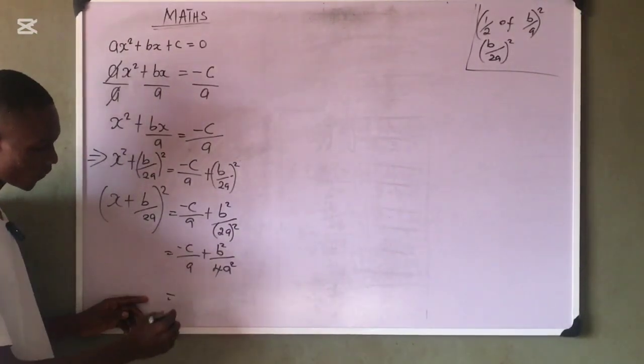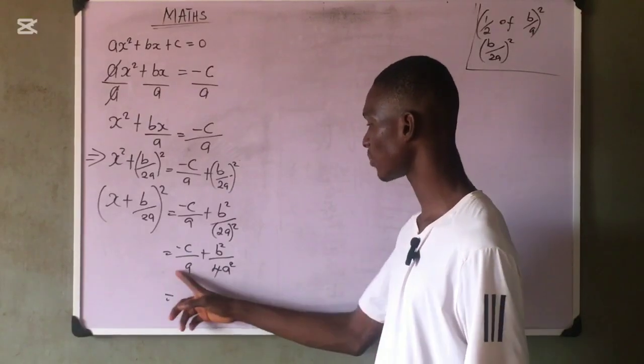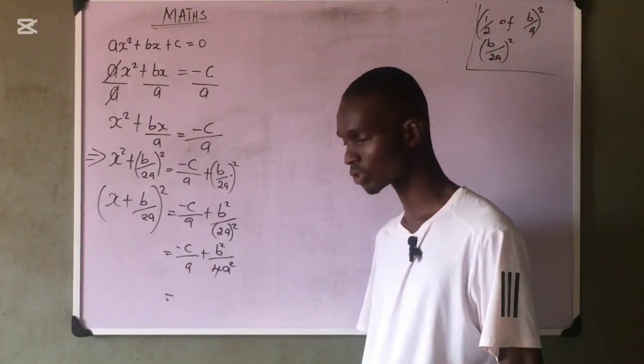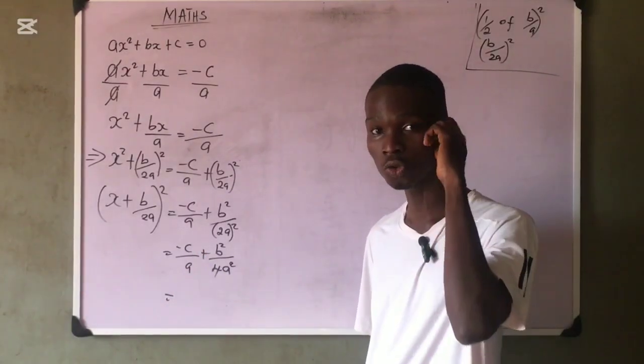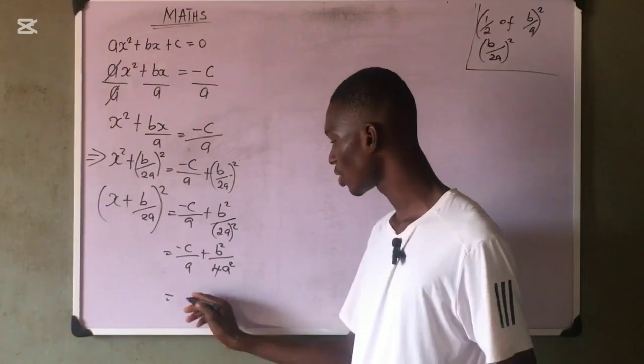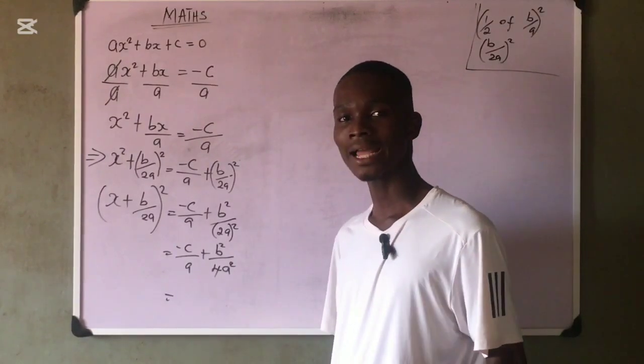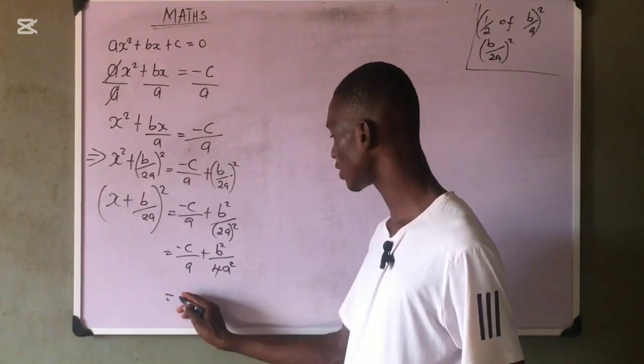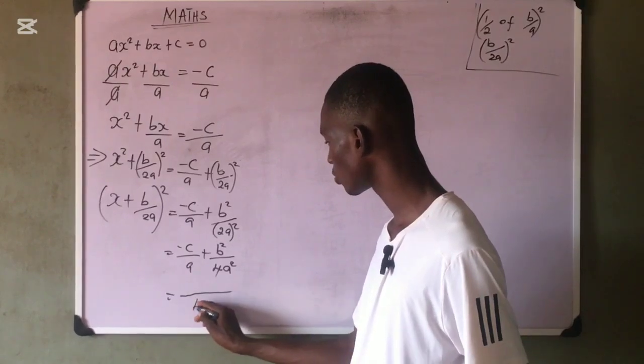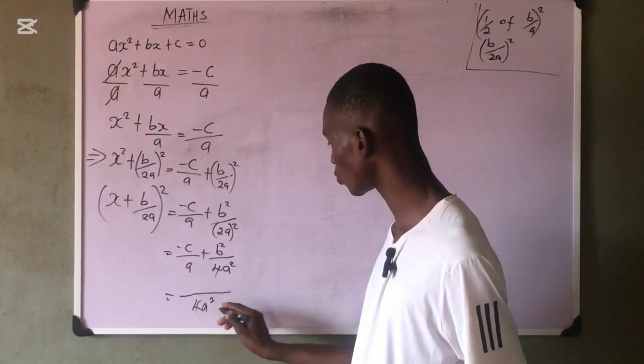Then, when two fractions are separated by plus or minus, the very good thing you must do is to find the LCM of the denominators. The LCM of the denominators gives me 4a squared.